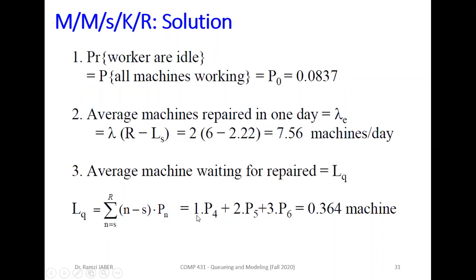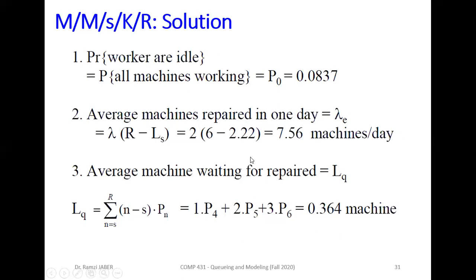For n equal 4, it will be 4 minus S, 1 times P4, plus 2 P5, plus 3 P6. From the table, we calculate them to get LQ equal to 0.36 machines. Okay? Any question here in these equations? Any question for this slide?